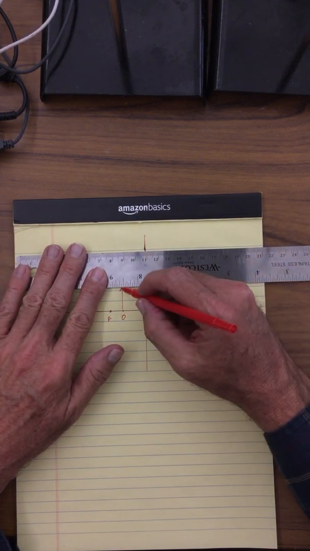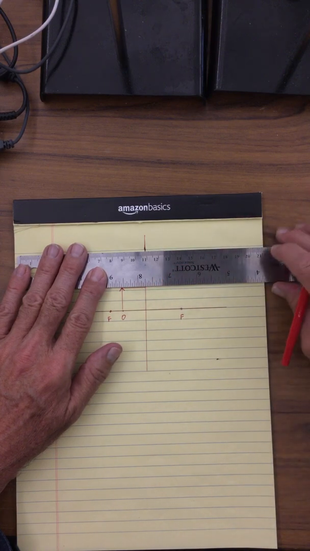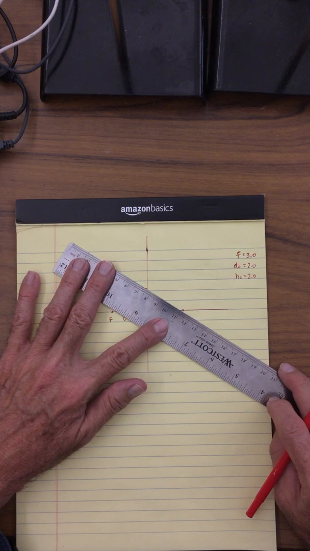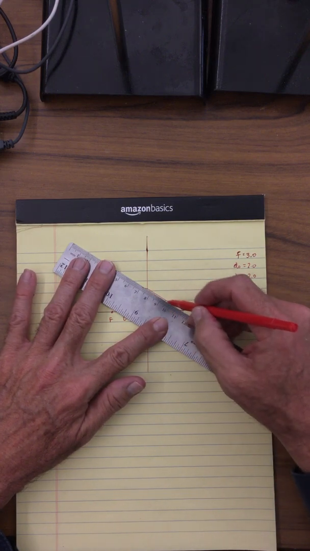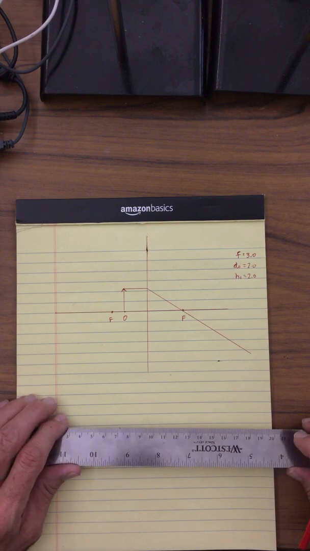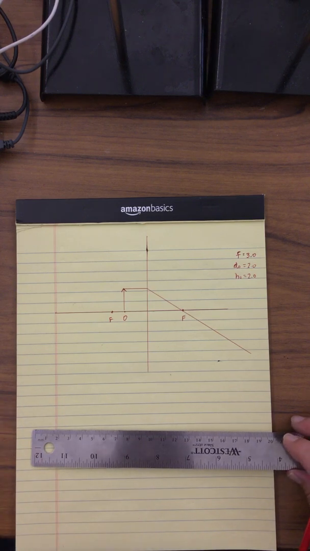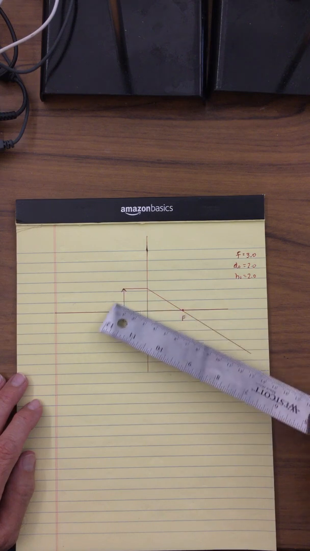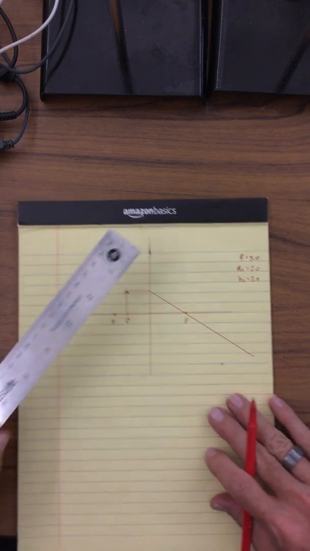The first line comes in parallel and exits through, hopefully you're saying right now, the focal point. Now this next one is a strange one, because my ray of light cannot go through the lens if it goes through that point over there.